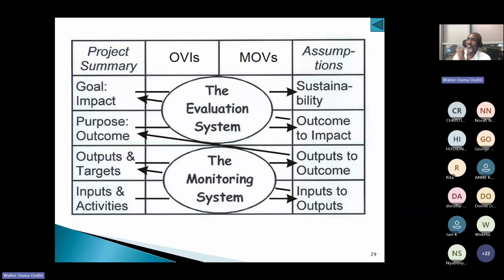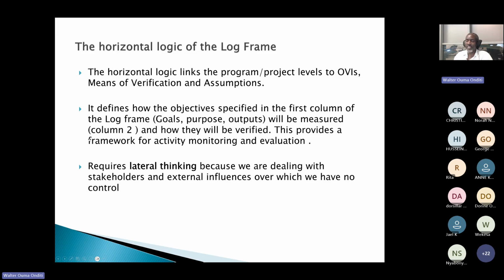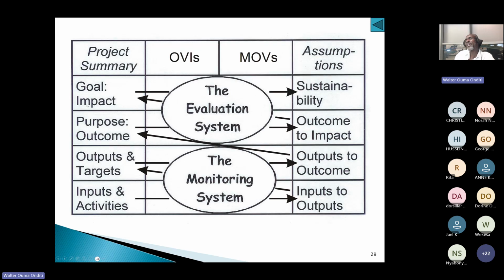Now, let me repeat this. You can see the two lower levels here constitute the monitoring system. And you cannot have an evaluation system without a monitoring system. The two higher levels are actually the evaluation thinking. Now, what I meant by the lateral thinking is this. We are saying, how do we get to the goal? So see the arrows.